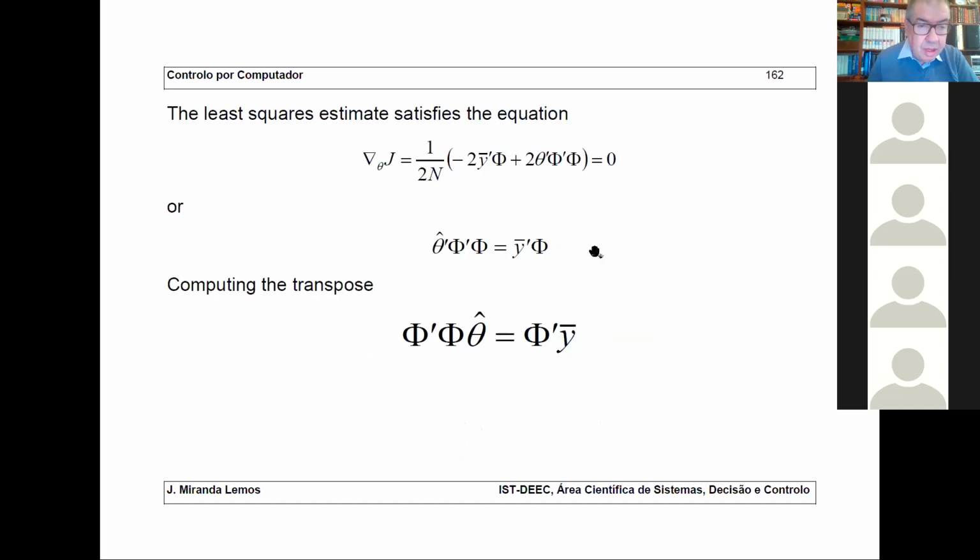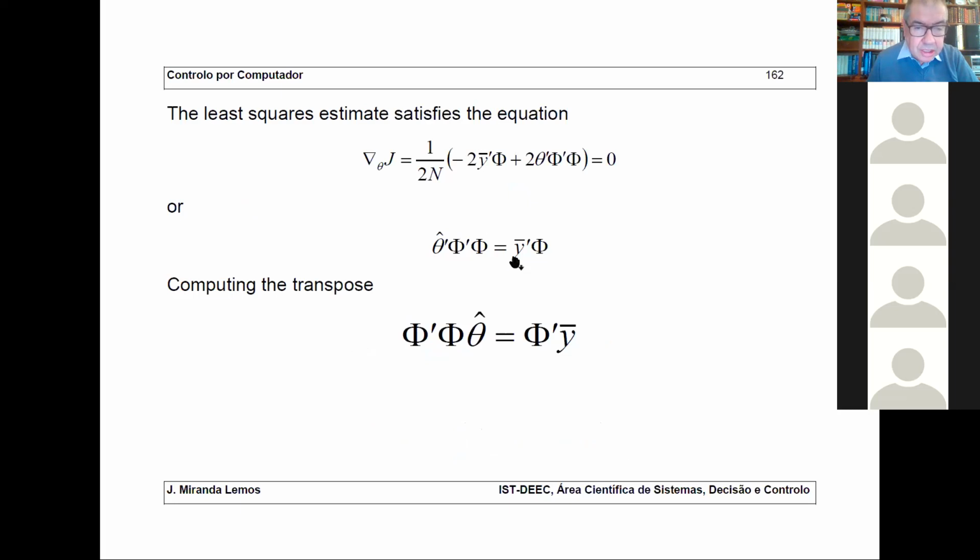And I repeat it here. I have this minus. I add this term on the left to cancel it, and on the right. So I end up with this system of equations.